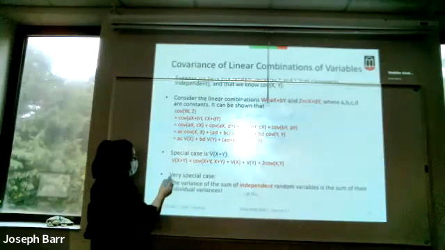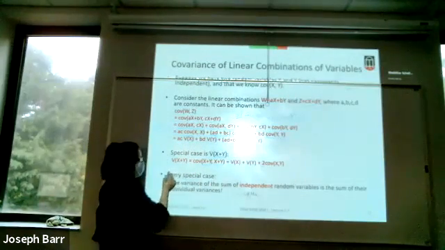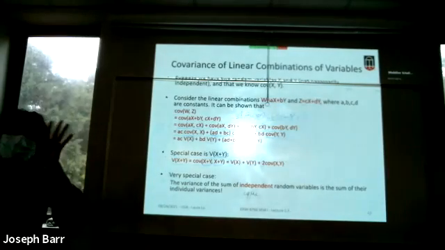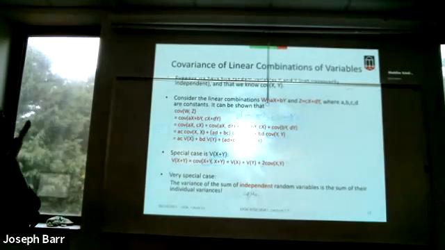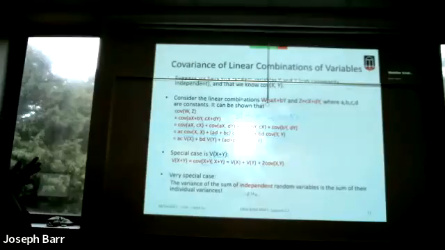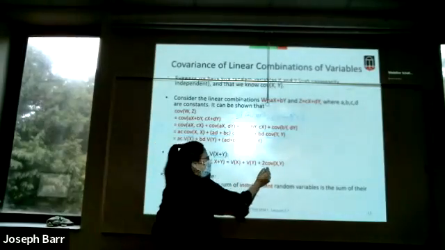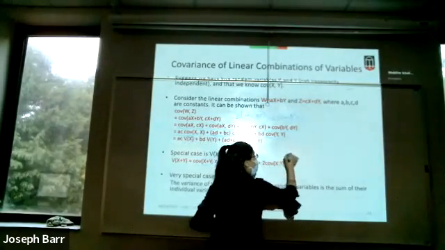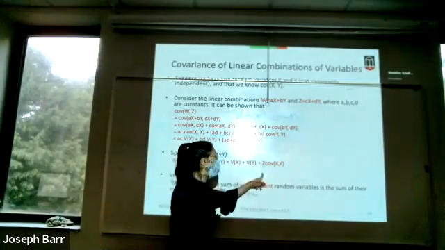But again, let's look at another very special case. If these two variables, X and Y, are independent, independent means the Y value does not depend on the X value. In that case, the covariance is 0. So this term just disappeared. This term becomes 0.